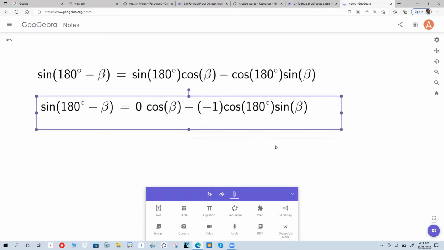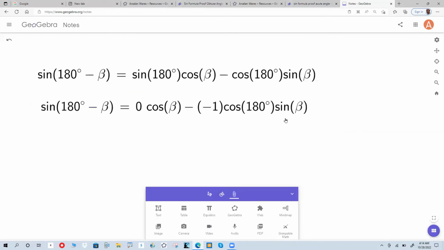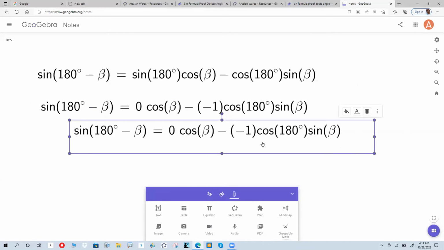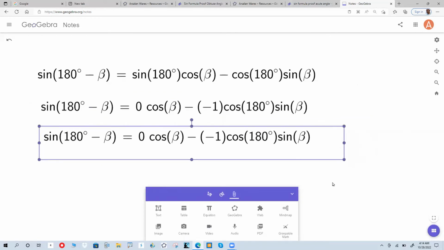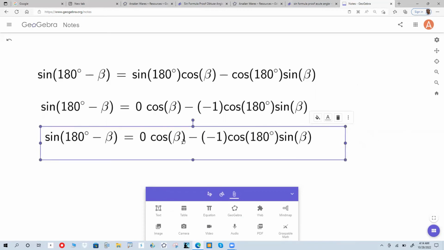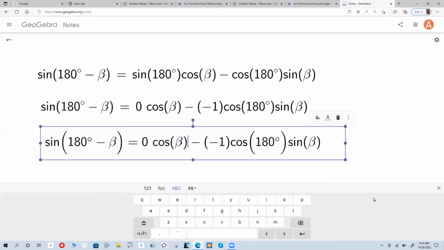Hopefully you're with me so far. Okay, so this one can be erased completely. 0 times another number is 0. And that -1 and negative, they kind of cancel, and this is what you're left with.